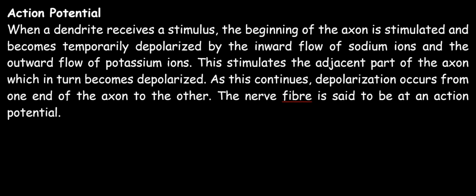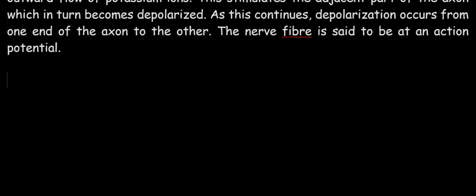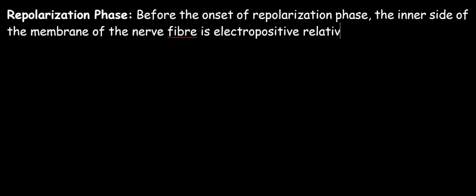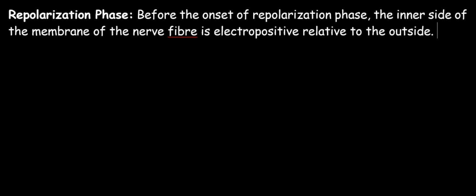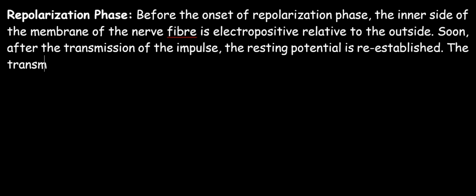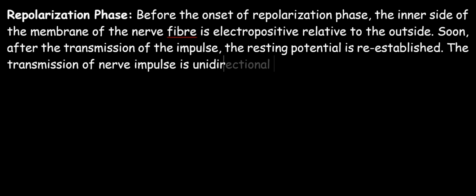The next stage is the repolarization phase. Before the onset of the repolarization phase, the inner side of the membrane of the nerve fiber is electropositive relative to the outside. Soon after the transmission of the impulse, the resting potential is re-established. The transmission of nerve impulses is unidirectional, it moves in one direction, and it obeys the all or none law.